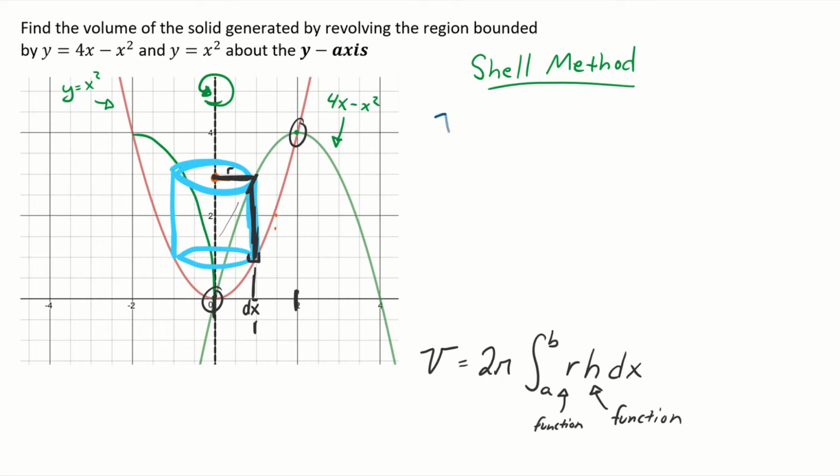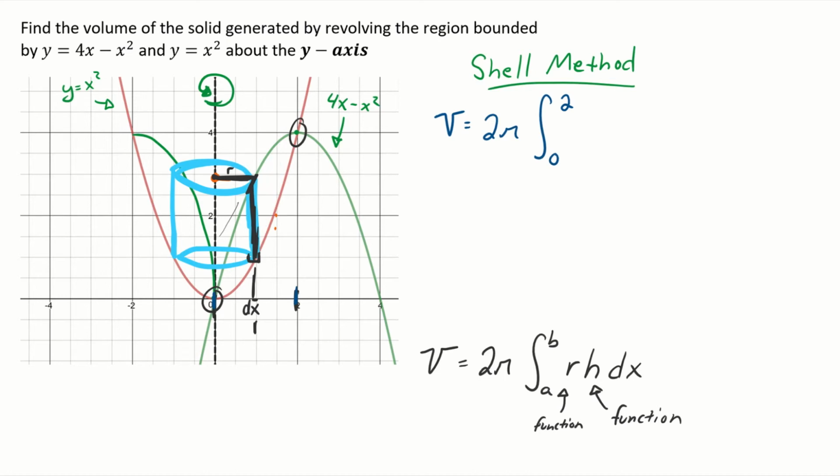Okay, now let's set up the integral specifically for our problem. So volume is equal to 2 pi times the integral. I'm integrating on the x, so my shells are filling up on the x, so I'm going from 0 to 2. I can see that on the graph. If you needed to find those bounds, you would just set the two functions equal to each other. 4x minus x squared equals x squared, and then solve for x. But we can see on the graph it goes from 0 to 2.